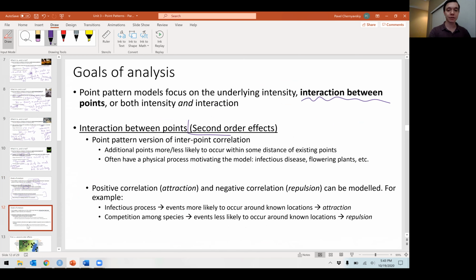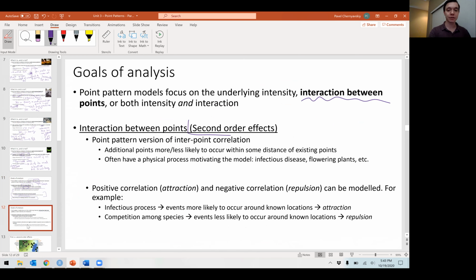That is different than saying the conditions in humid, warm climates are more conducive to a virus or a disease happening. No, this is saying that if I have an infectious disease, I'm focusing on potential interaction between 2 diseased cases.